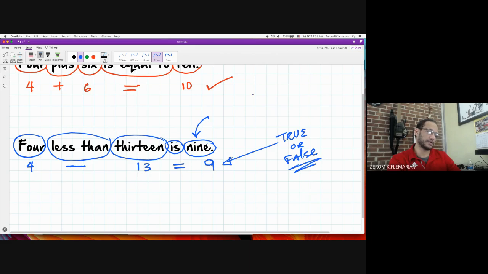In other words, what I'm trying to say is, I am almost 6 foot. If I say this statement, is this true or false? If I say I am taller than, is that true or false? Again, I am almost 6 feet tall. And if I say I am taller than, is that true or false?